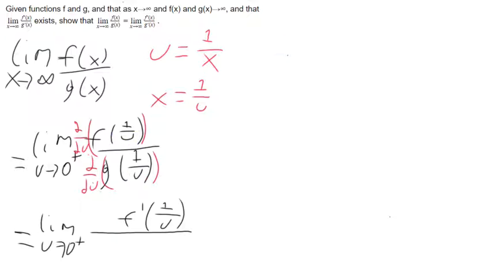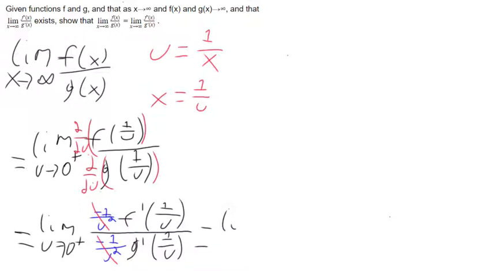Well, we'll start with the one on the top, so we'll multiply by the derivative of 1 over u, which is negative 1 over u squared. And on the bottom, we basically have the same thing. We'll have g prime of 1 over u times negative 1 over u squared. And these cancel out.